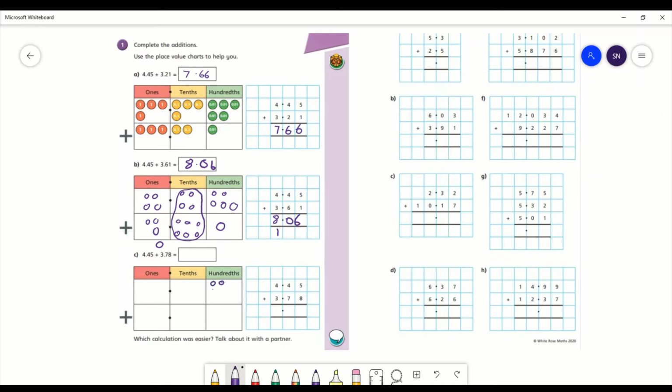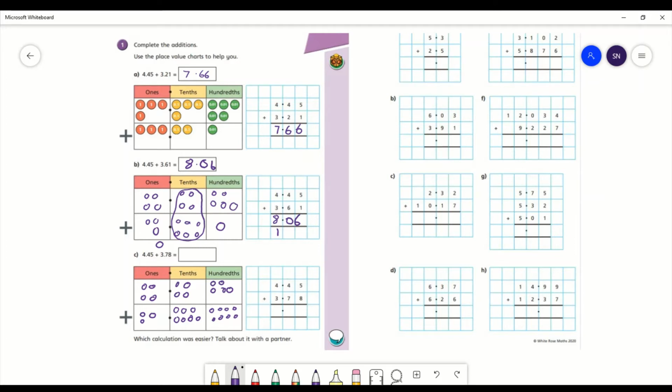Okay, do the same thing here. I've got 5 hundredths. I've got 8 hundredths, 4 tenths, 7 tenths. Sorry. Okay, let's have a look.